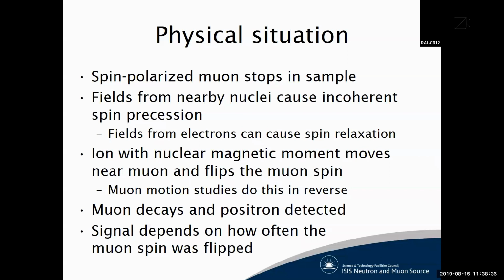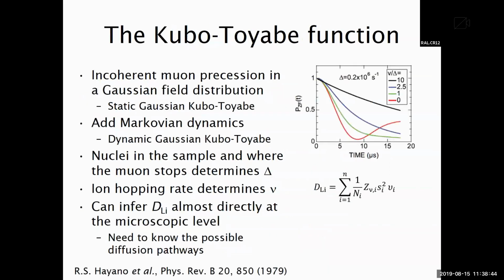The signal you get depends on how often during the muon's lifetime its spin was flipped, and also how fast it incoherently precessed. So the most common signal you'd be looking at is called the Kubo-Toyabe function. You start off with a muon incoherently precessing in Gaussian-distributed fields from nuclei. That's the red line here. Now if you add some dynamics to that from the ions moving, that will change the form of the signal.